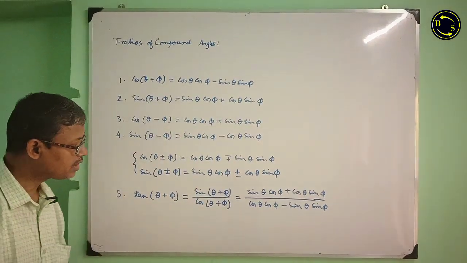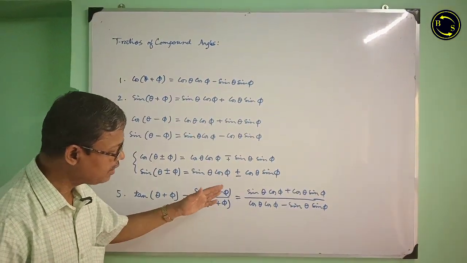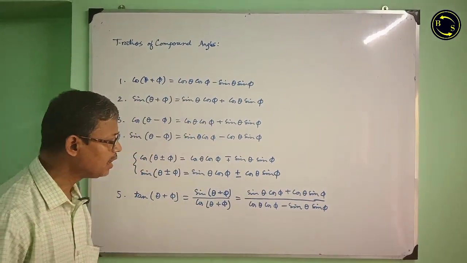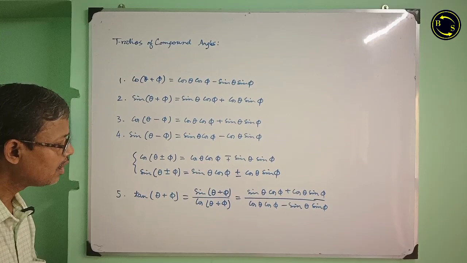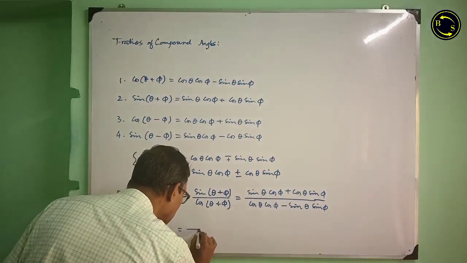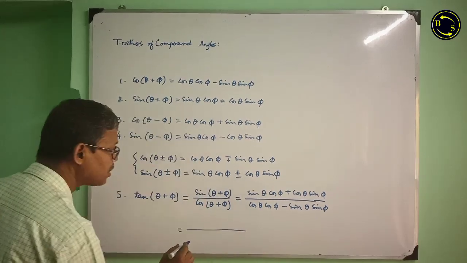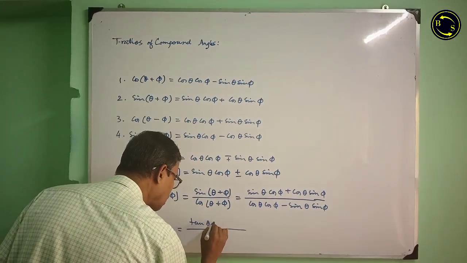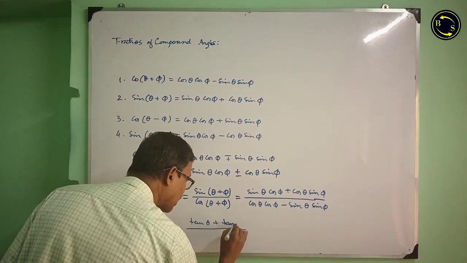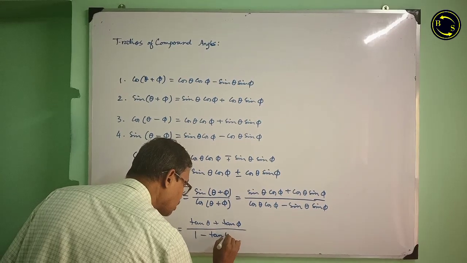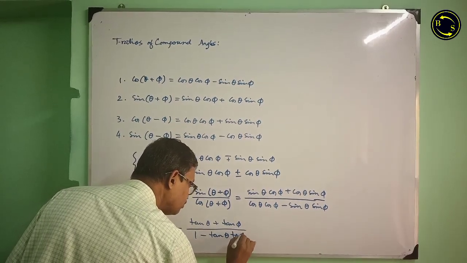Now, to get tan form, we divide the numerator and denominator by cos theta cos phi, so that we get, after simplification, of course, tan theta plus tan phi over 1 minus tan theta tan phi.